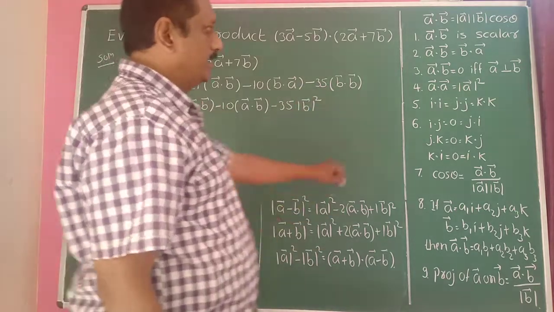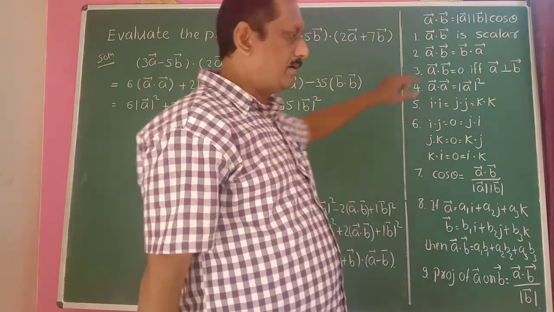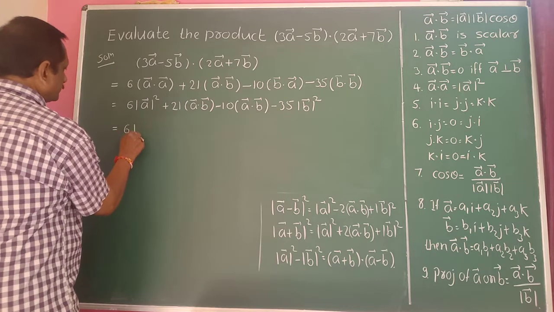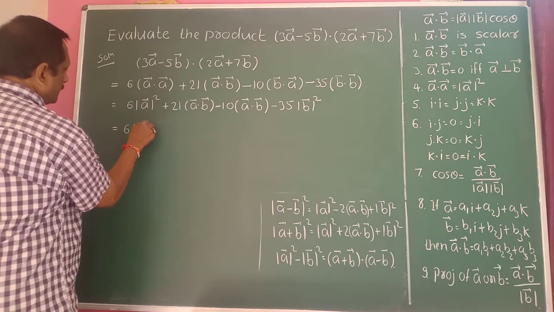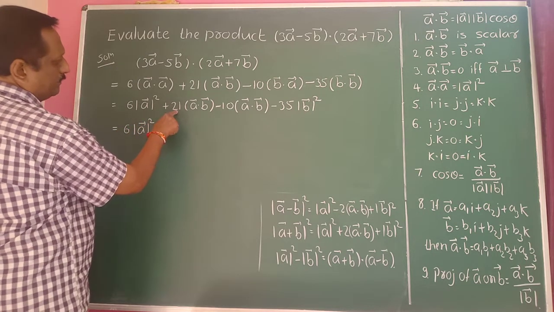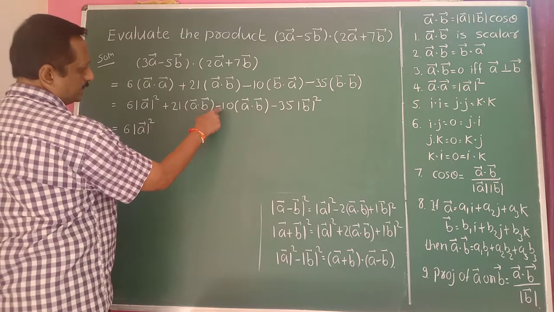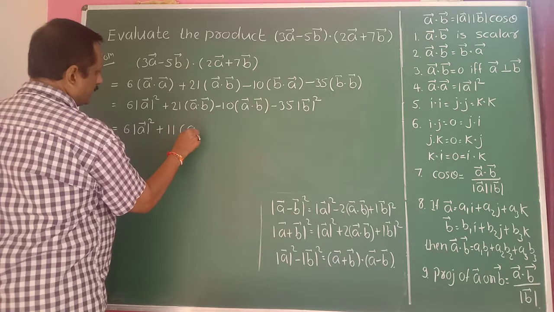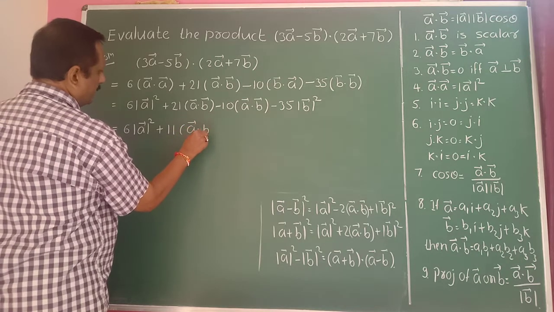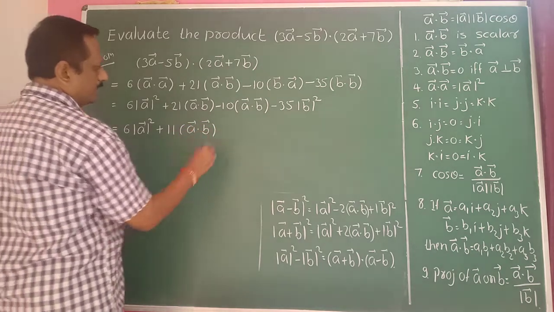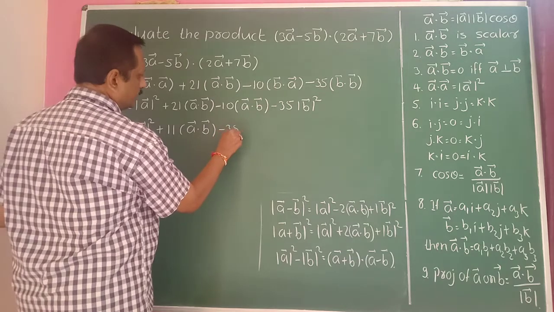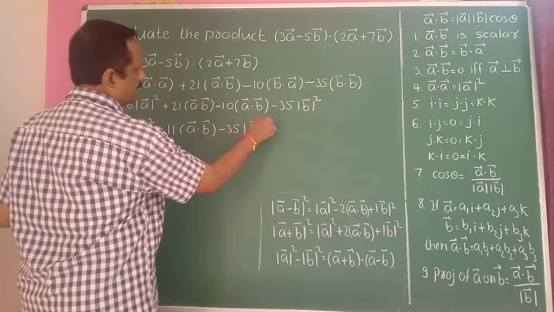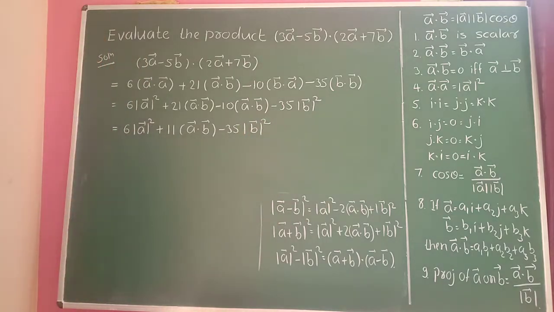Then this is equal to 6 into modulus of A bar square plus 21 A bar dot B bar minus 10 A bar dot B bar gives 11 into A bar dot B bar, then minus 35 into modulus of B bar square. So this is the answer.